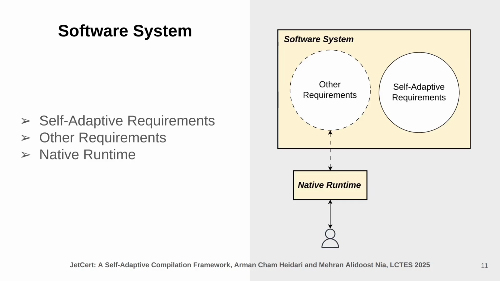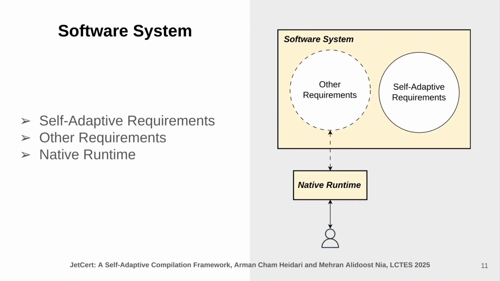We designate these requirements as the self-adaptive requirements because they need to adaptively shift between two different compilation paths. The second includes requirements that utilize a fixed compiler path. We refer to these requirements as the other requirements.